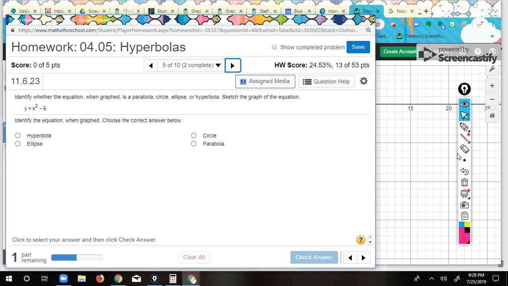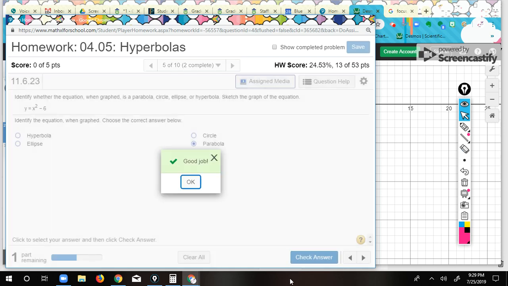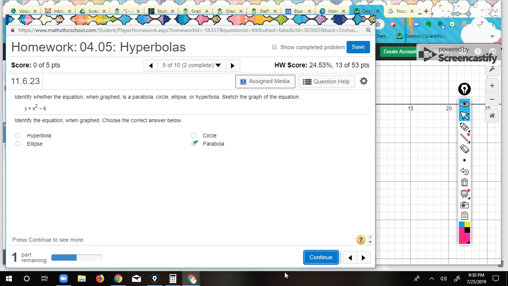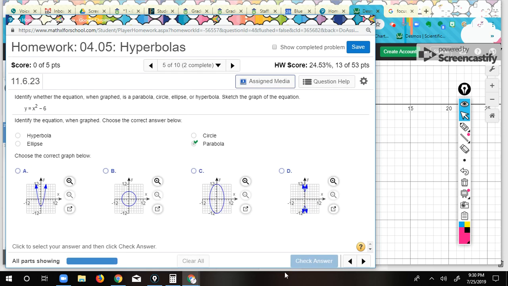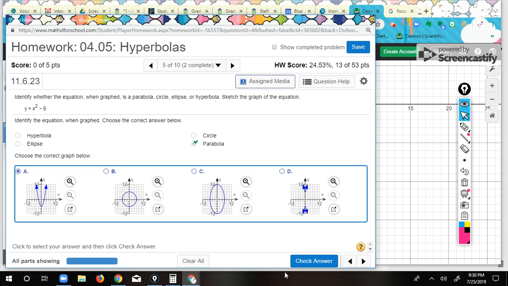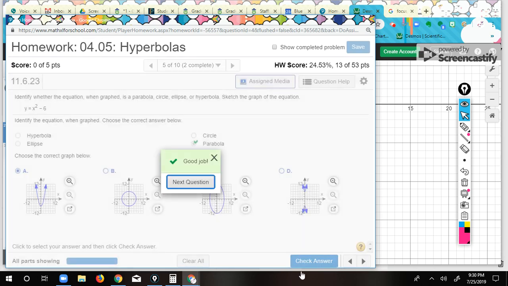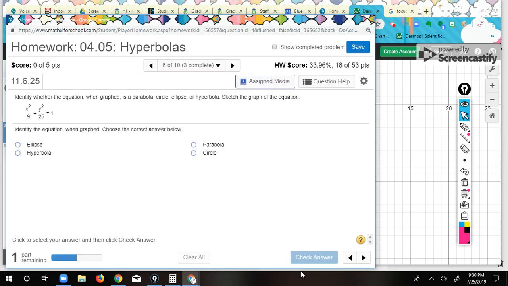Okay, this equation, because it's just got the x squared, is going to be a parabola. If x is the only one that's squared, it's a parabola. And the only graph that's a parabola here is A. Yeah, we're so smart.